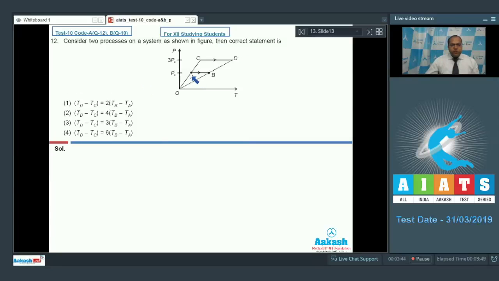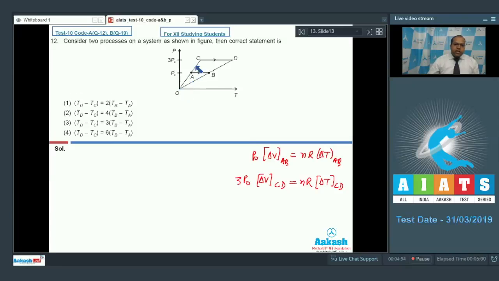If I see the process from A to B, I can write P naught into delta V from A to B is equal to nR into delta T from A to B. In a similar way, the process CD is also an isobaric process, for which I can write 3P naught into delta V from C to D is equal to nR, because the system is the same, into delta T from C to D.